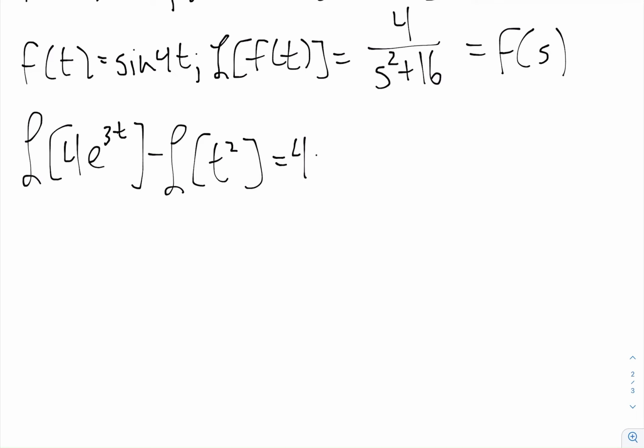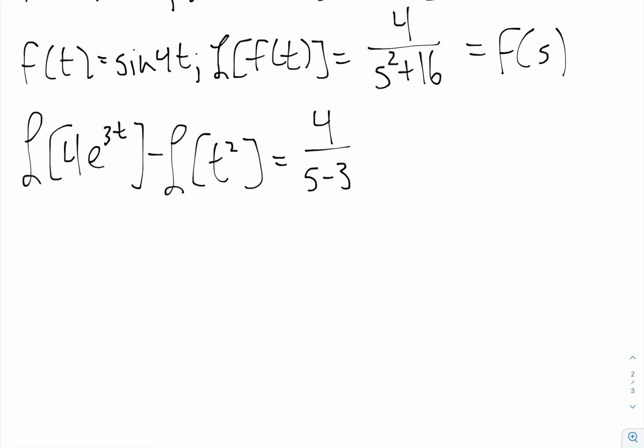If the Laplace transform of e to the lambda t was equal to 1 over s minus lambda, lambda in this case is 3, so it's going to be 1 over s minus 3. So 4 times 1 over s minus 3, that's 4 over s minus 3.